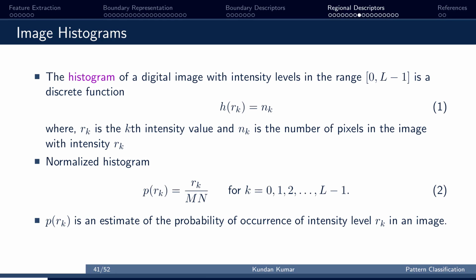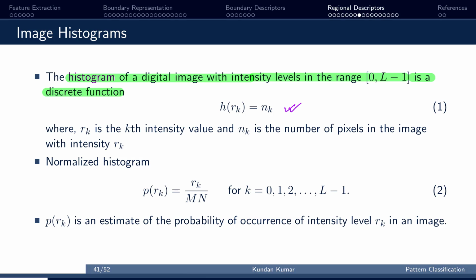How is the histogram defined? The histogram of a digital image with intensity levels in the range of 0 to L-1 is a discrete function which is given by this expression. Histogram is nothing but the frequency of occurrence of the intensity levels.